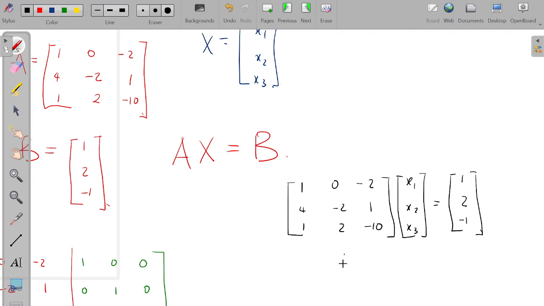All right, this is our A, this is our X, this is our B.